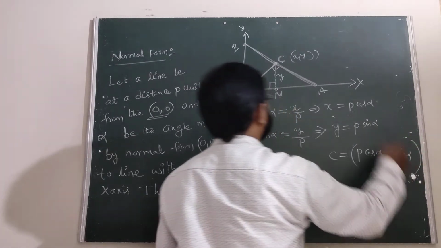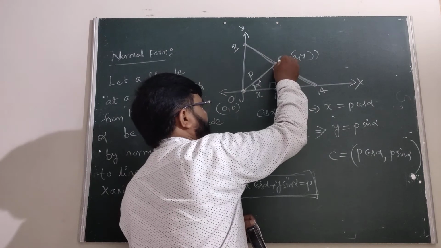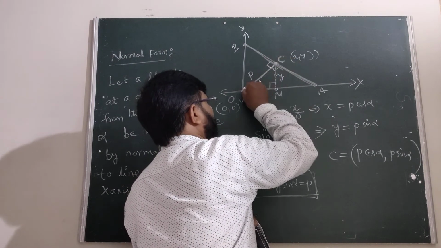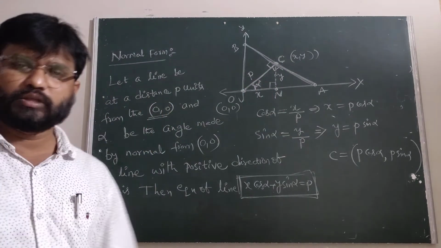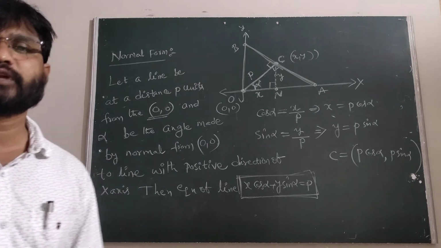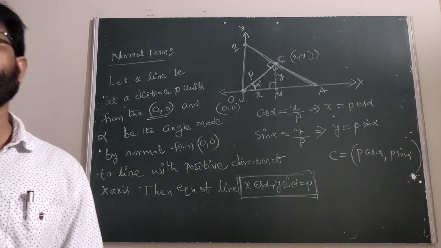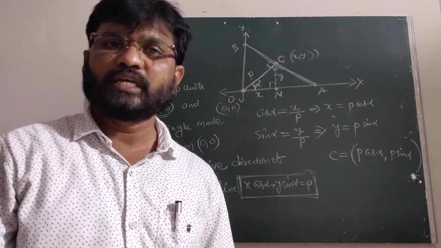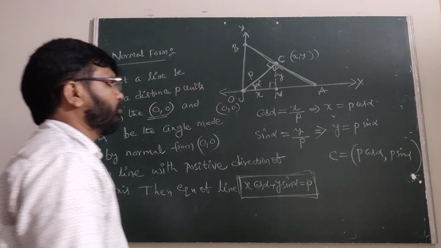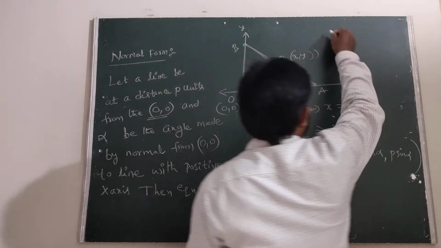So this line is passing through the point C and is perpendicular to OC. First we find the slope of OC. After that, we take the perpendicular slope of OC as the slope of the required line. So we have to find the slope of OC.